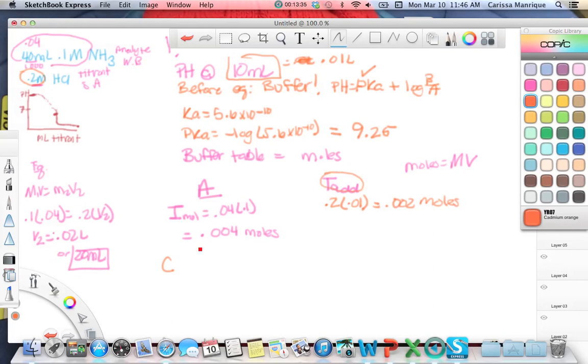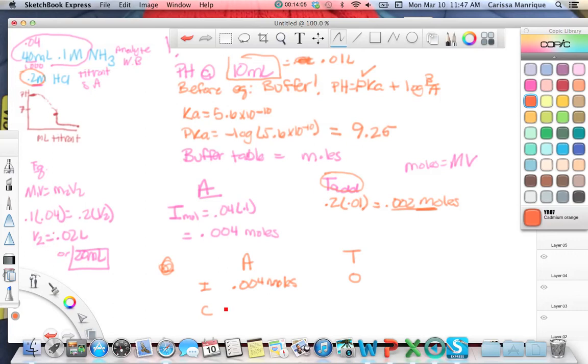Okay, so let me put these again. So I have my analyte and my titrant. And initially, I had 0.004 moles just in the beaker before I added anything to it. And I had 0 of this. So this is before the problem even started. Now my change, I just added 0.002 moles of the titrant.